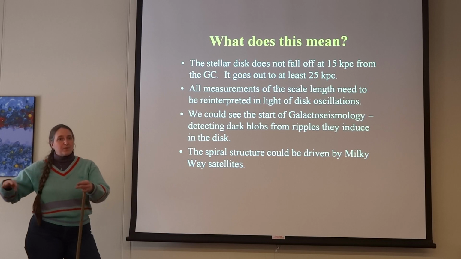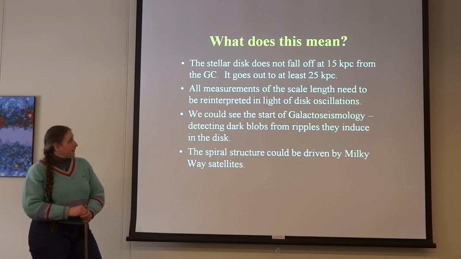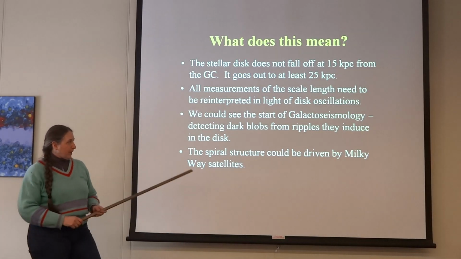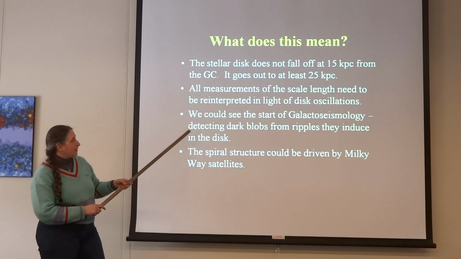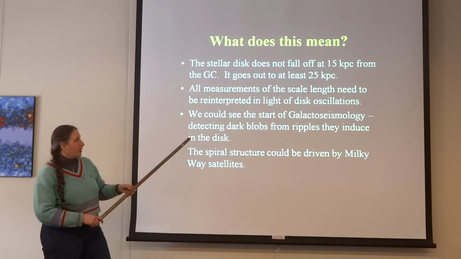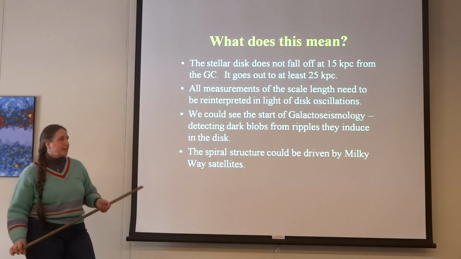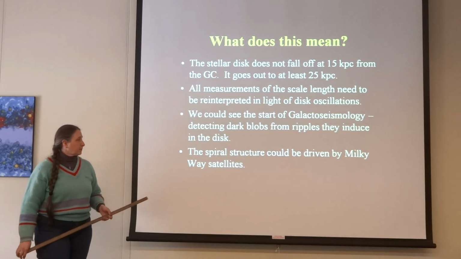And so that sets up an oscillation pattern in the disk. So in fact, you could imagine using the disk oscillations to try to detect dark blobs or dwarf galaxies that have gone through and made those ripples.